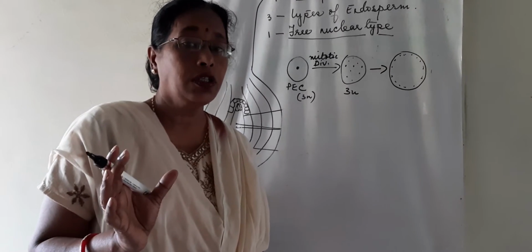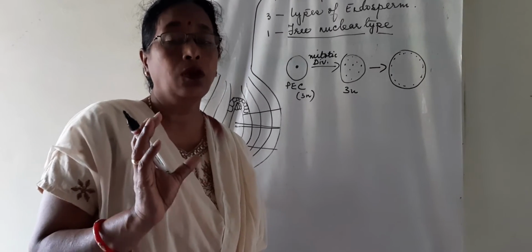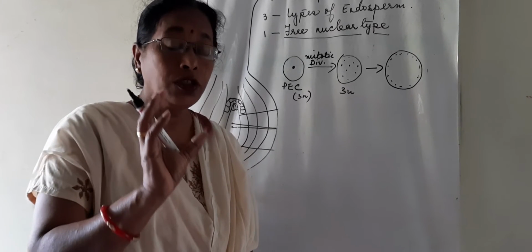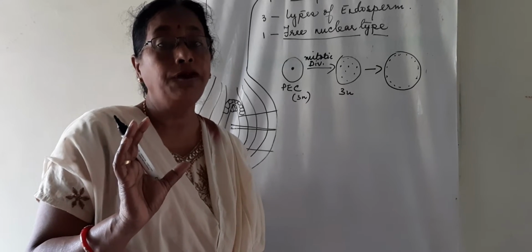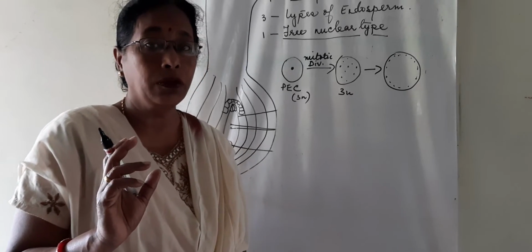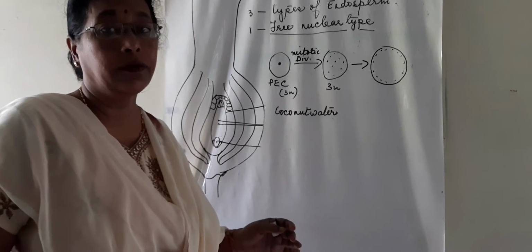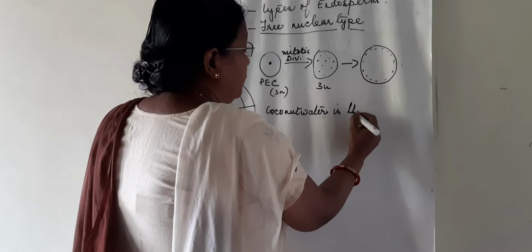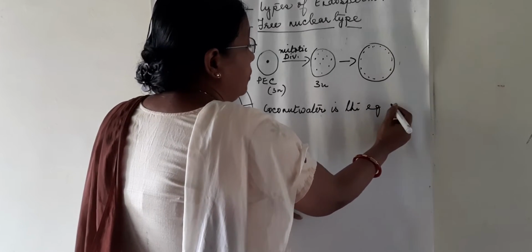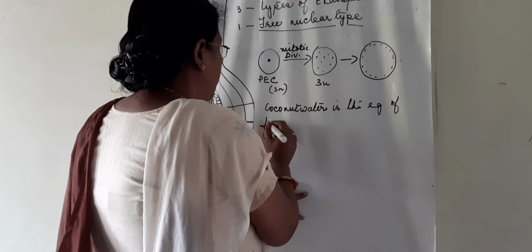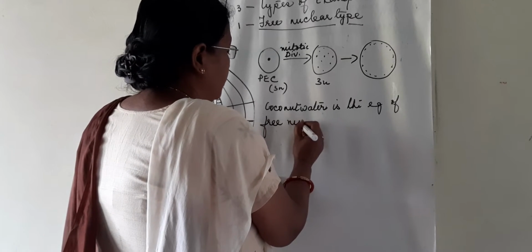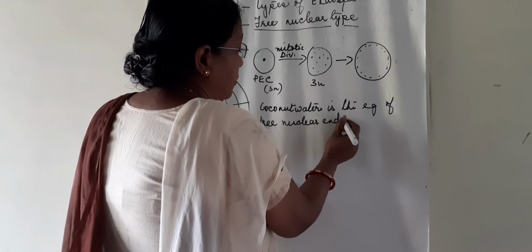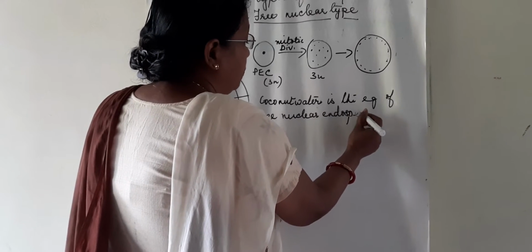The tender coconut water, or the green coconut water that we take, the watery part is actually made up of free nuclear endosperm. Coconut water is the example of free nuclear endosperm.